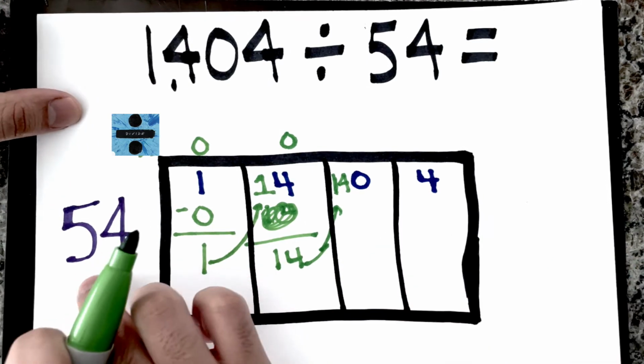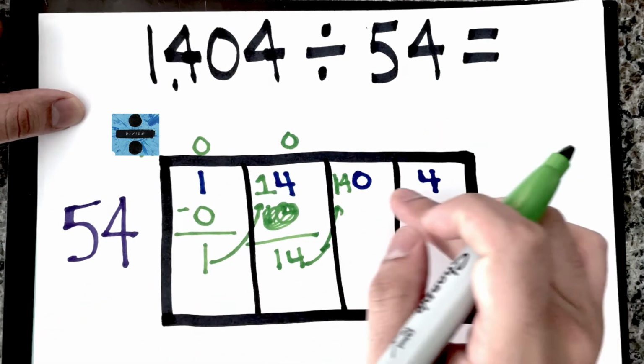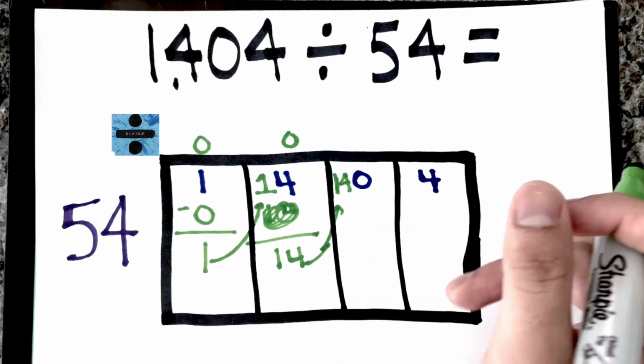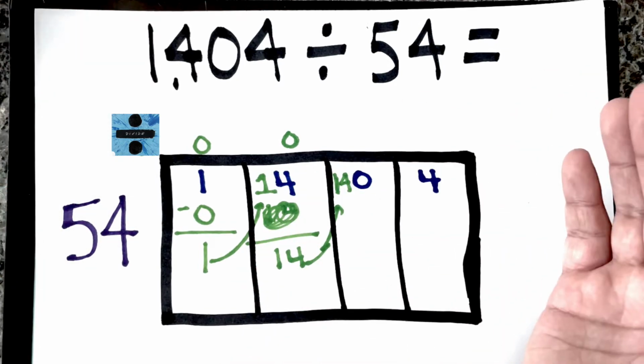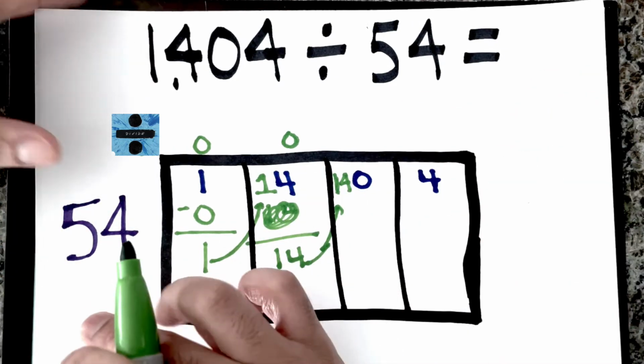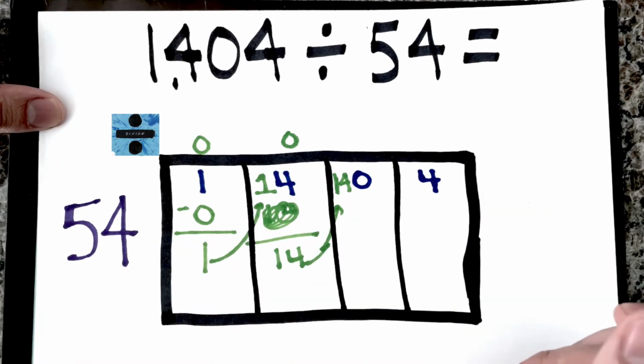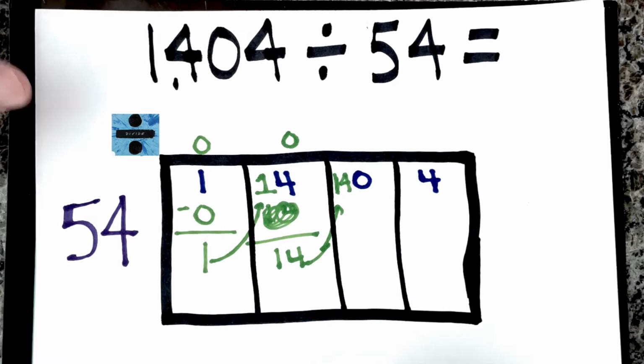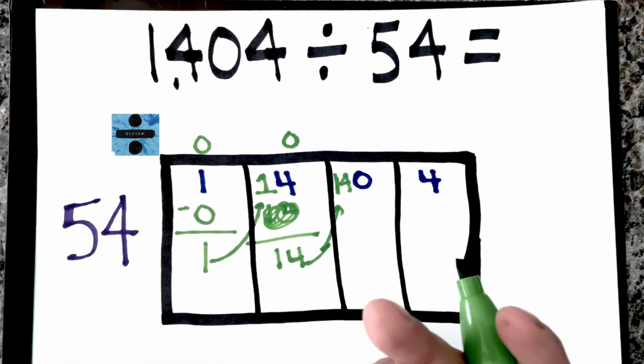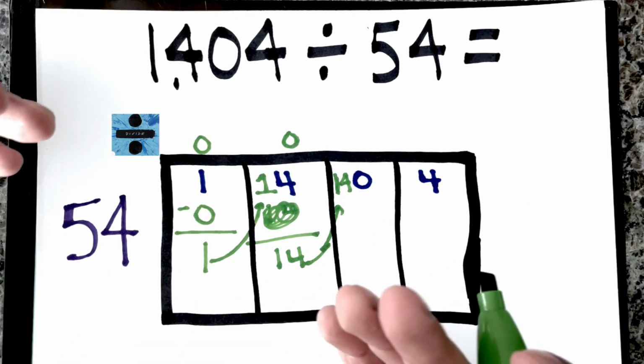So now, can 54 go into 140 evenly? Or at least go into it? May not be evenly, but can we put some groups of 54 in there? So I know that 2 quarters is 50 cents.